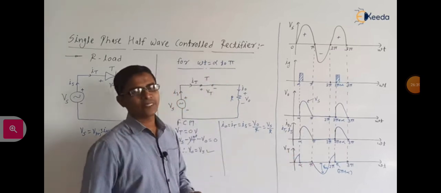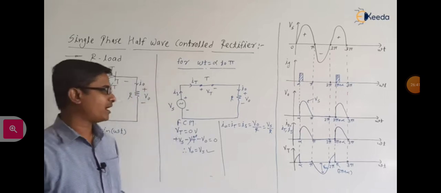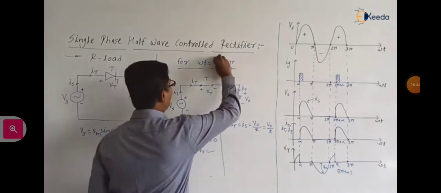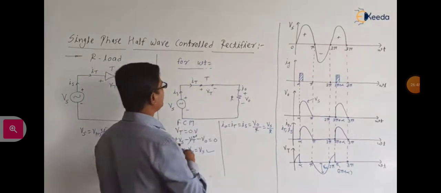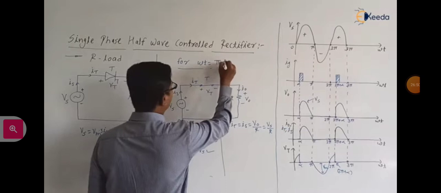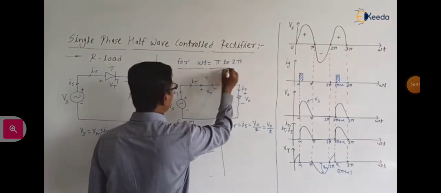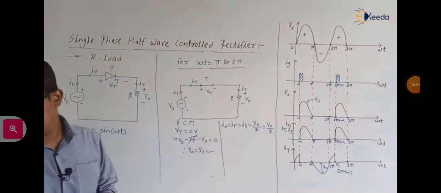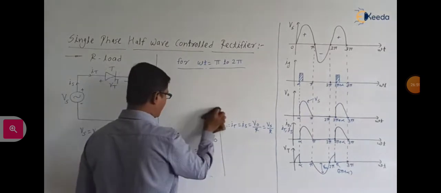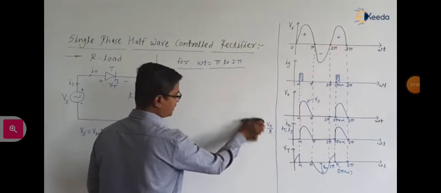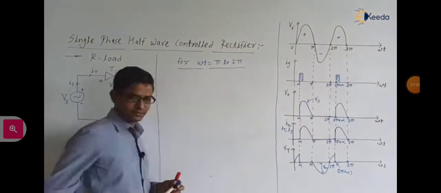Next, after pi, let us discuss what will happen from pi to 2 pi, for omega t equal to pi to 2 pi. If you check, after pi the supply voltage is reversed.